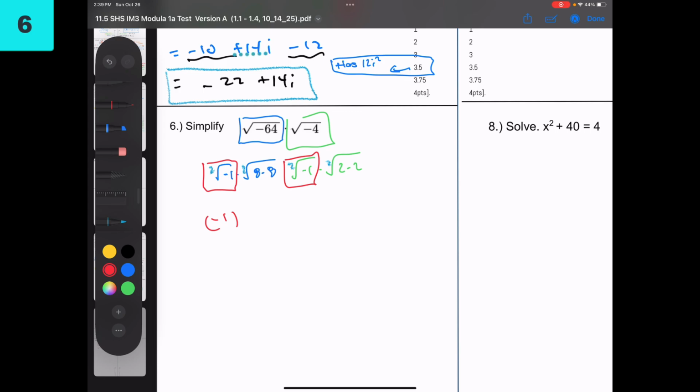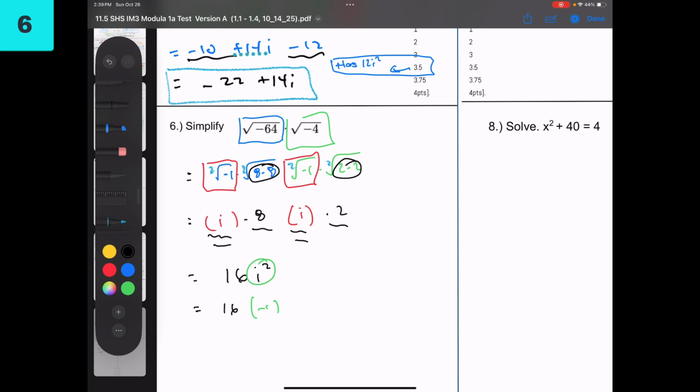Square root of -1 is i, sorry. And then the square root of 64, there's a pair, and you get 8, and this would be 2. So you're going to get 2 times 8, which is 16, and that becomes i squared. i squared is -1. So you're going to have -16 as your answer.